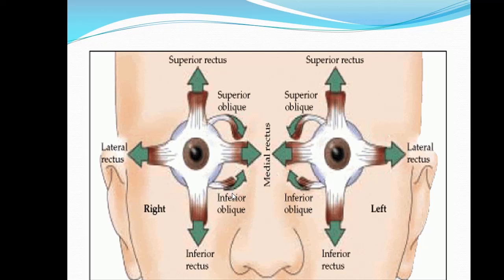By the anteroposterior axis, we mean the line which joins the anterior and the posterior pole of the eyeball. So in this diagram, these arrows are also showing the rotatory movements produced by the superior and the inferior oblique muscle around the anteroposterior axis.